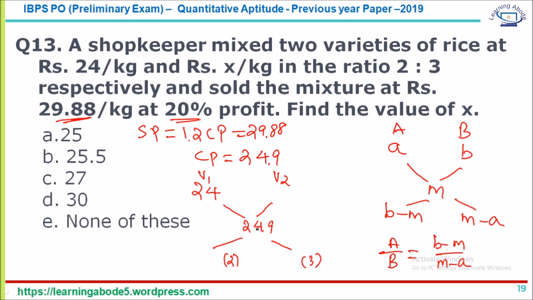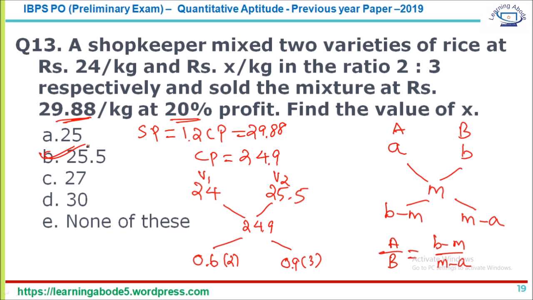Between 24 and 24.9, the difference is 0.9. So if 3 parts is 0.9, then what will be 2 parts? That will be 0.6. Now this 0.6 you have to add to 24.9, that will be 25.5. So the answer for this question is 25.5.